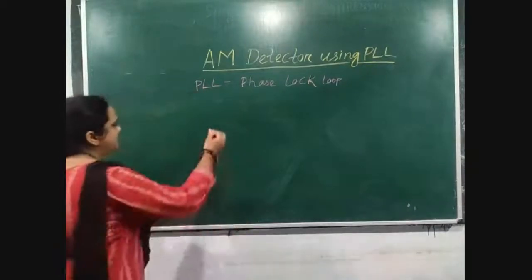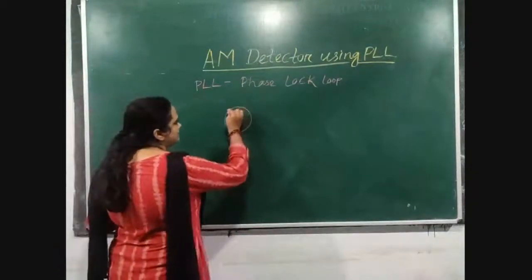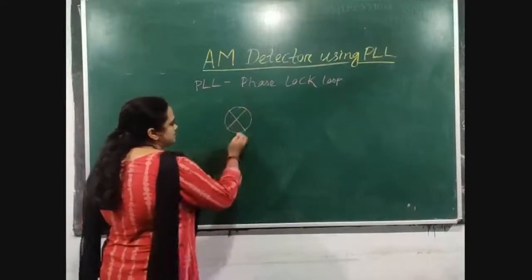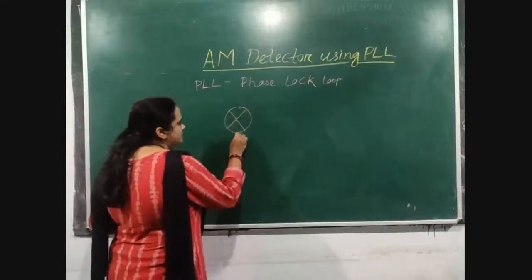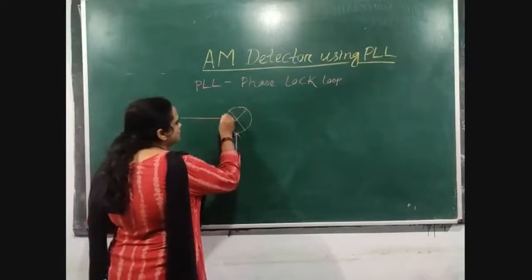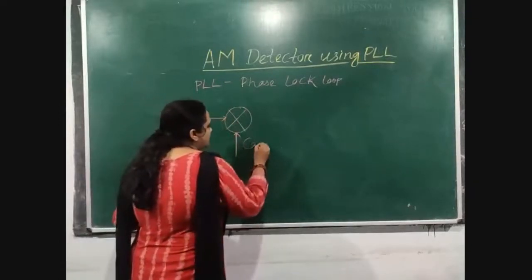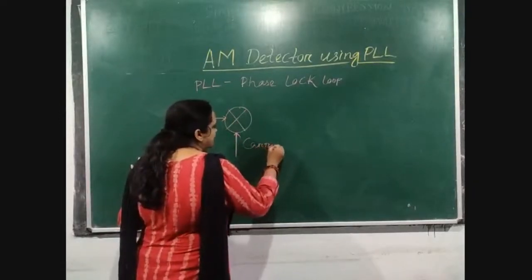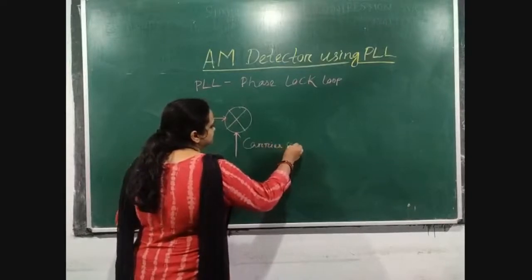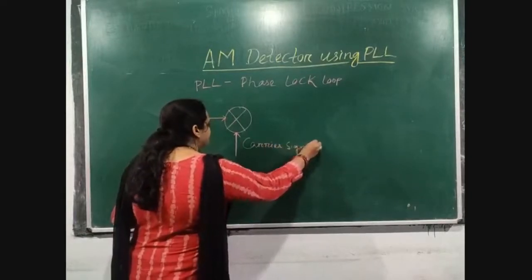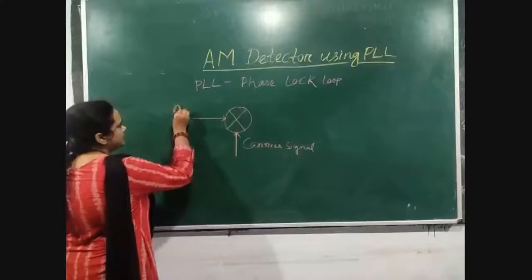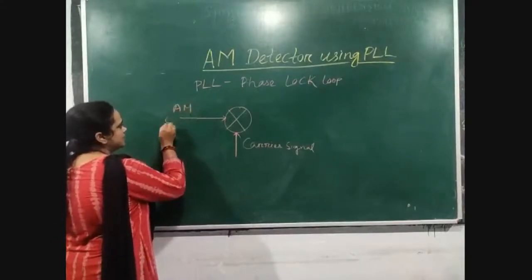So if we take a multiplier at the receiver section, then to the multiplier we give two input signals. One is the carrier signal, another one is the AM signal.